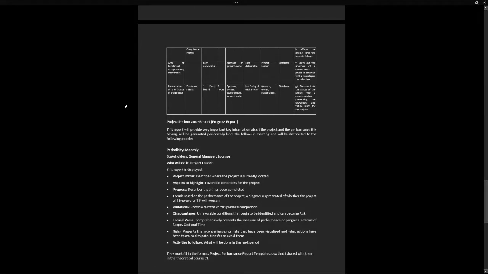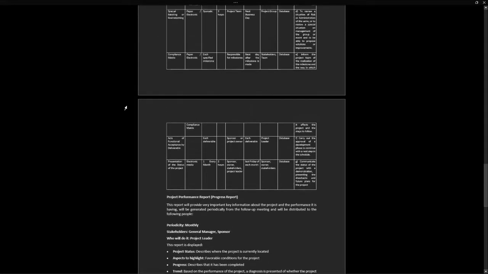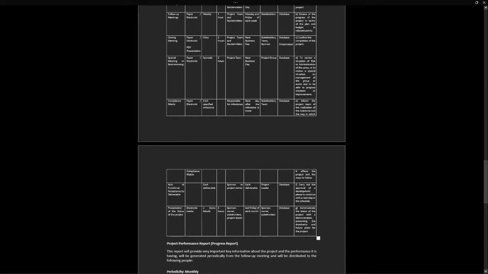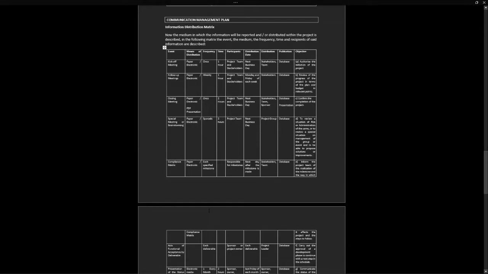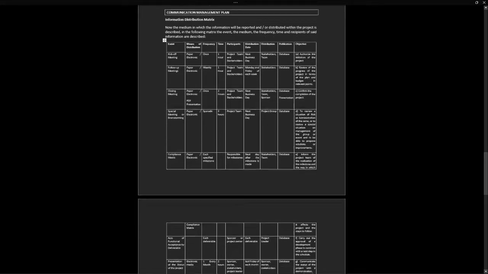Then we have the acts, functional acceptance by deliverable. This basically, we're not going to find a means of distribution because it's an act. So the frequency depends on each deliverable. The time, these do not apply. Who's going to be the participant of this?